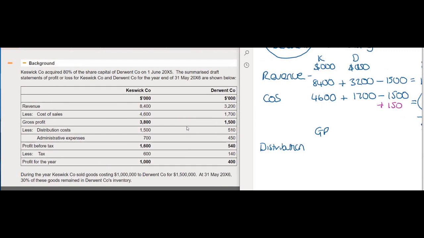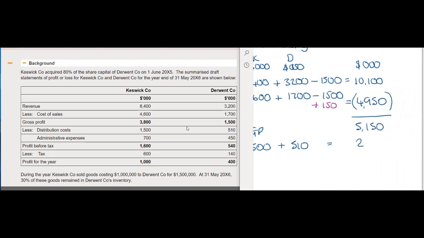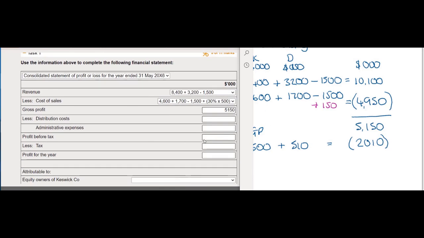Looking at the figures that we've been given, distribution costs for Keswick are 1.5 million. Adding on the distribution costs for Derwent are 510,000. There are no further adjustments, and so therefore we have a figure of 2,010,000. With this figure now calculated, I can include that in the box provided.